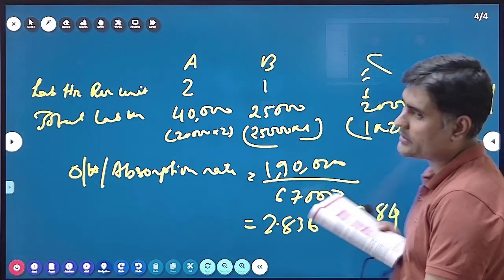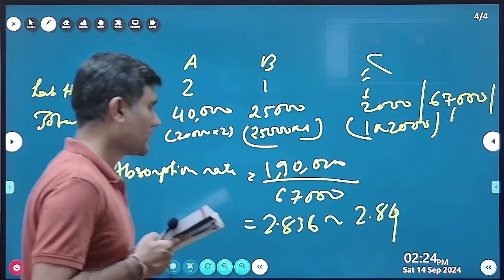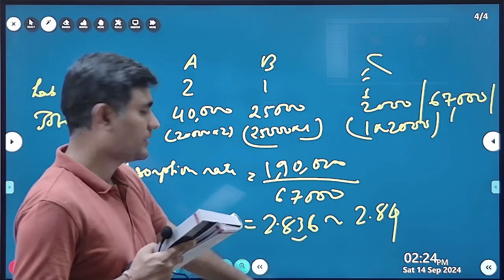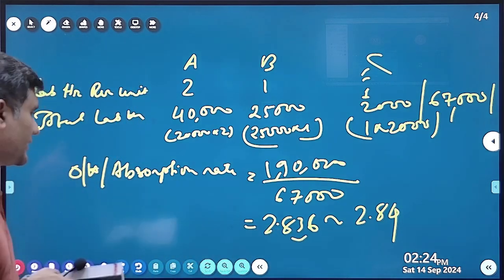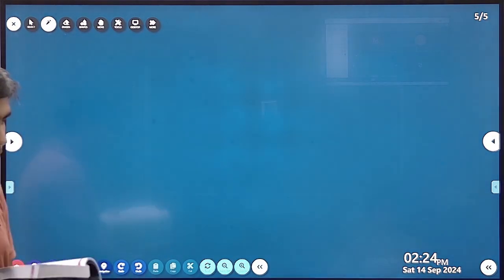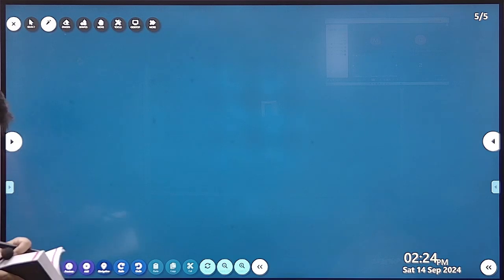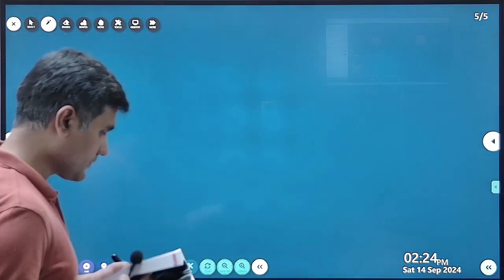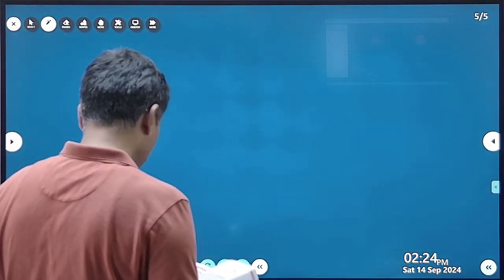We can consider it as 2.84, right? Almost 2.836. We will round it to 2.84. Overhead absorption rate is 2.84. So what is our overhead absorption rate?